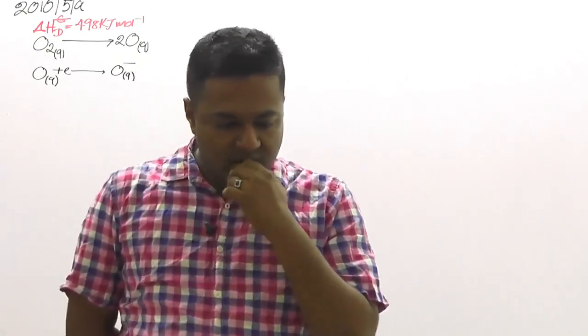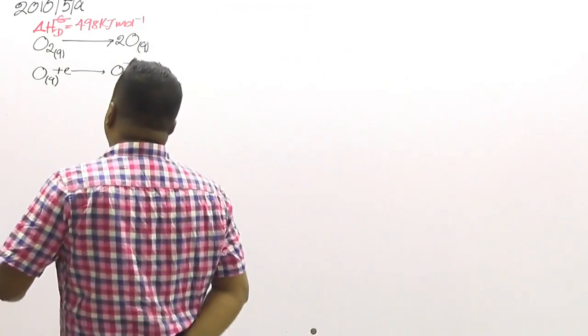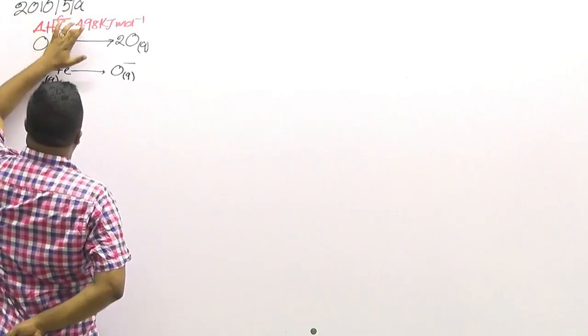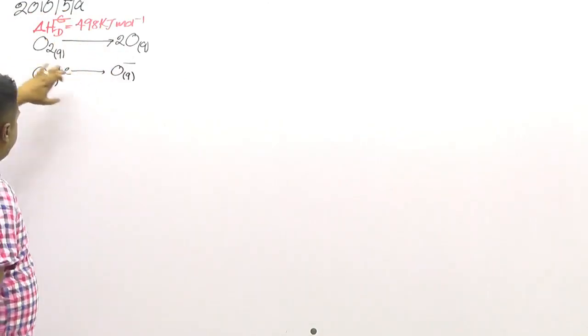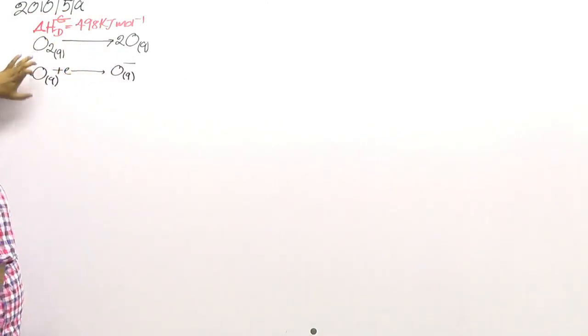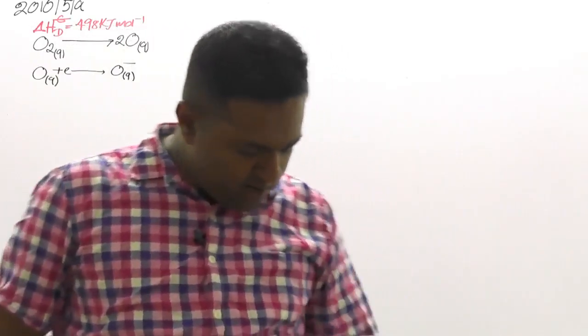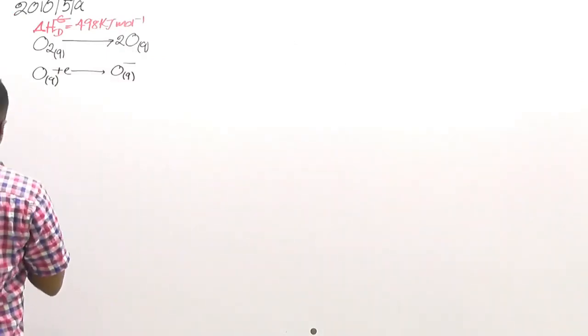So that's the reason. Delta H naught D equals 498 kilojoules per mole, that is the bond dissociation enthalpy. Electron affinity, I consider as electron gain energy: minus 149.